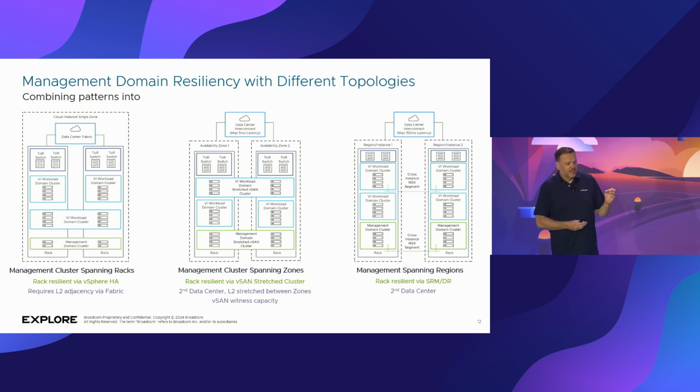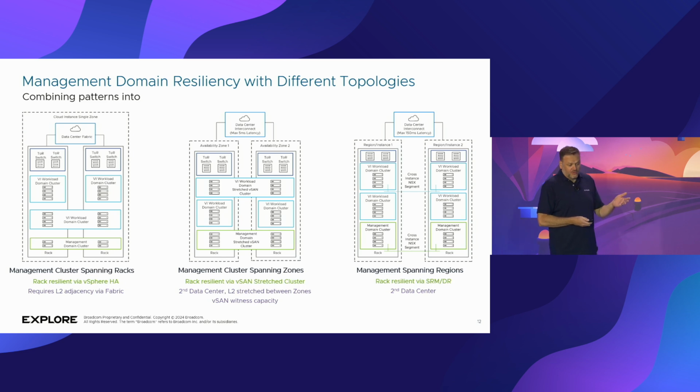But we also see this in cases where people have large-scale management domains for large-scale workloads, and what they really want is enough capacity to not only expand their Ops instance, for instance, but also run whatever else they need as second or third party components within their stack. They've got the ability to protect all of that in the event of failure. We do see that in those cases, and of course it is an extremely popular topology in the European region.